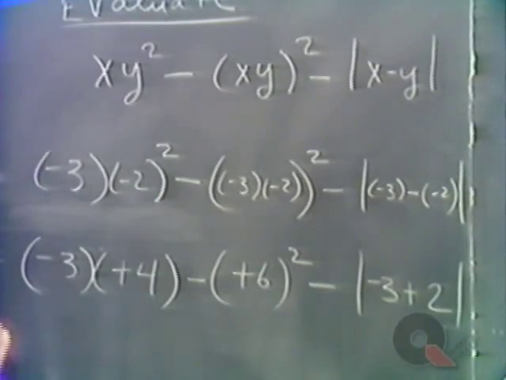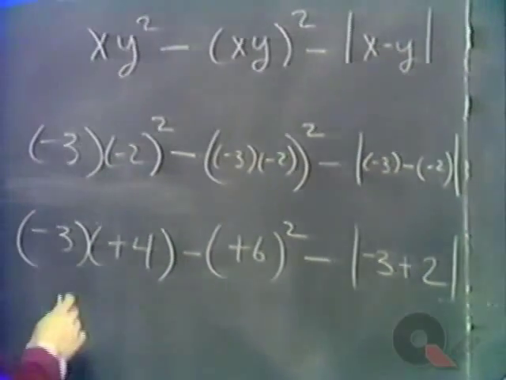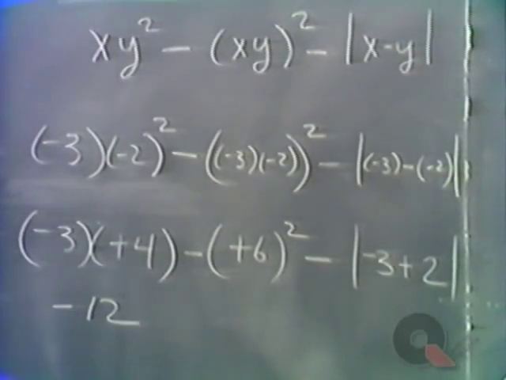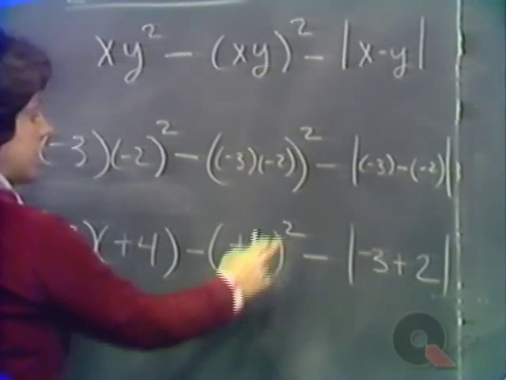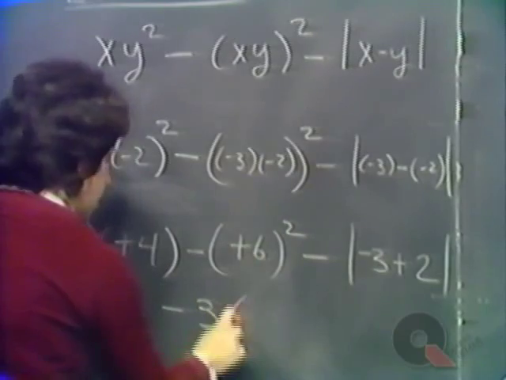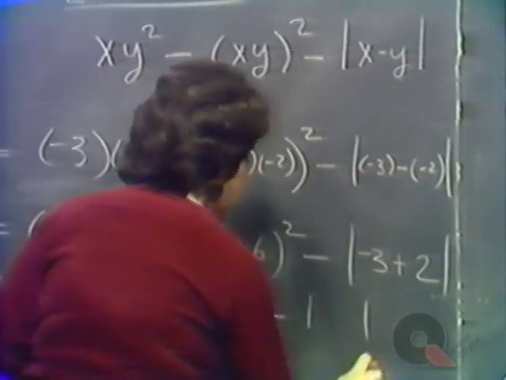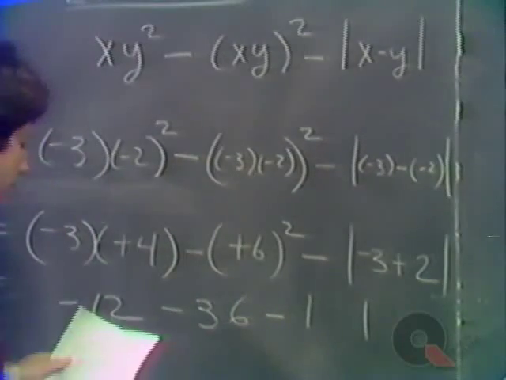So we have this. Minus 3 times plus 4 gives us minus 12. Plus 6 squared, that's plus 36, and we're subtracting 36. Take away the absolute value, minus 3 and plus 2, that's minus 1.